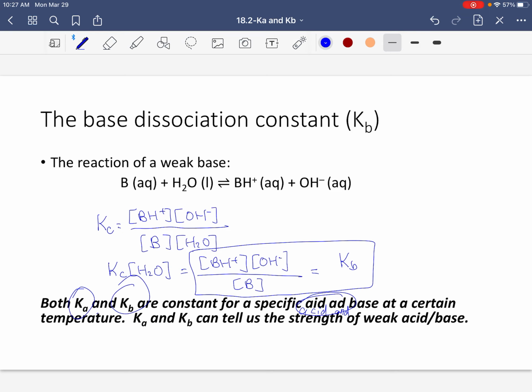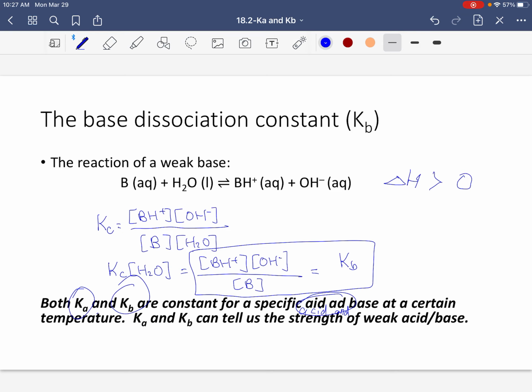You already know that. Because remember Le Chatelier's principle? That when temperature increases or decreases, it will affect the equilibrium positioning. If this thing were exothermic, it gives off heat.